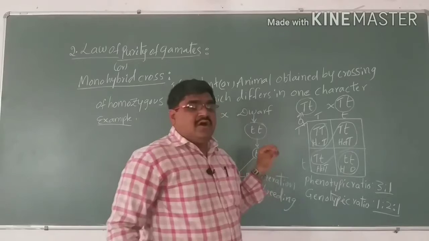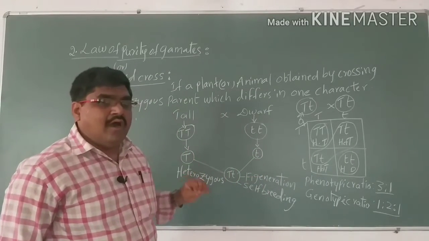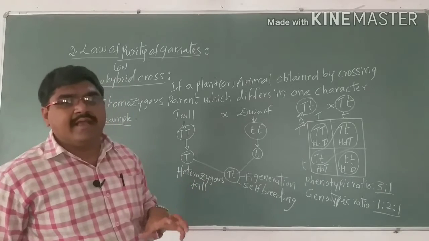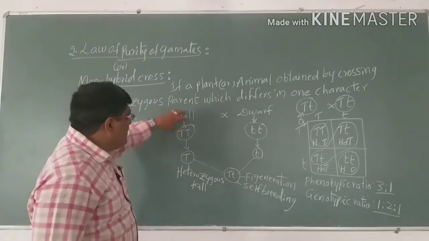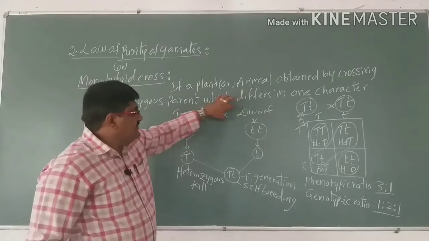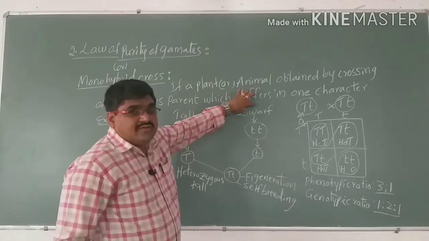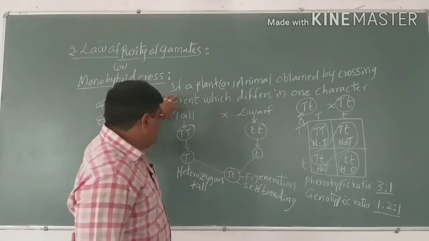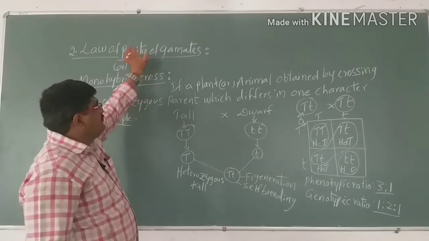And as already said, the monohybrid cross we can call the law of purity of gametes. Why do we call it purity of the gametes? Whatever gametes we have taken, that is tall and dwarf, what are the gametes we have taken? So in the name itself, purity of gametes, that means purely the gametes.